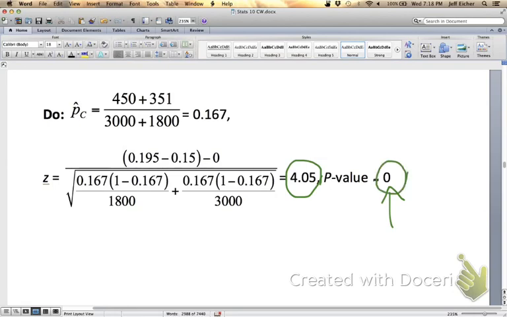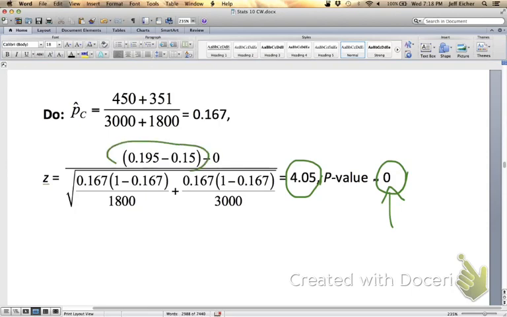This p-value tells you, assuming that there's no difference in teen hearing loss between those 2 sets of years, the probability that you would have more teens recently with hearing loss in this random sample is 0. It is incredibly unlikely that you would, just by sampling variability alone, get such a different proportion.